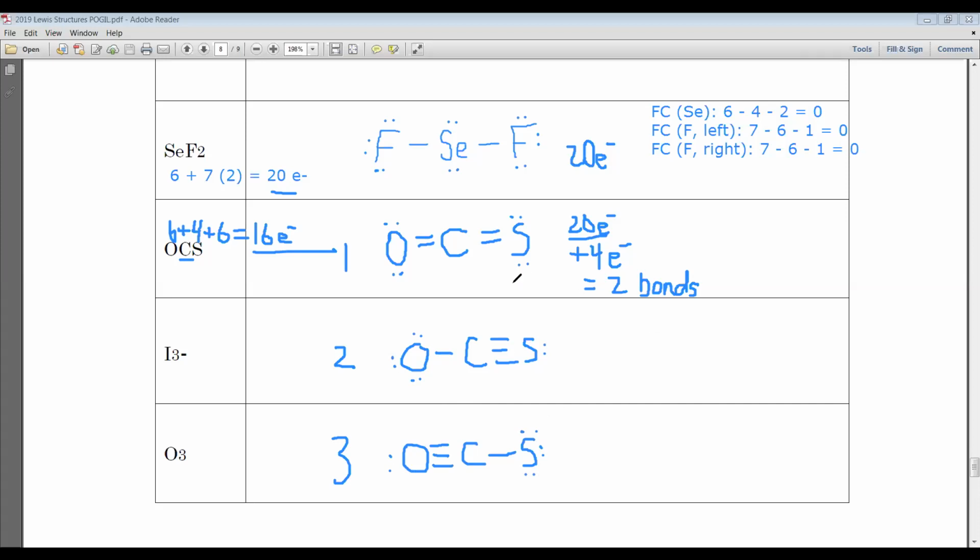All right, structure 1, structure 2, structure 3. Which one makes the most sense? Which one solves this problem? And in the best way? Structure 1. Okay. How do we decide between structures 1, 2, and 3?